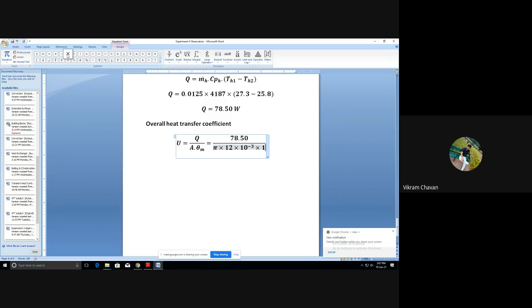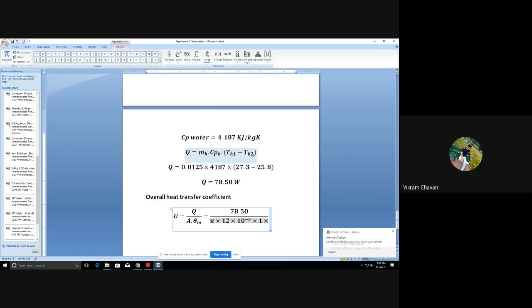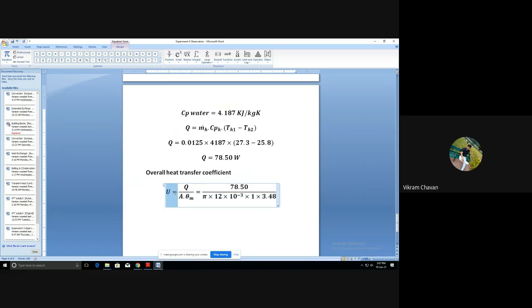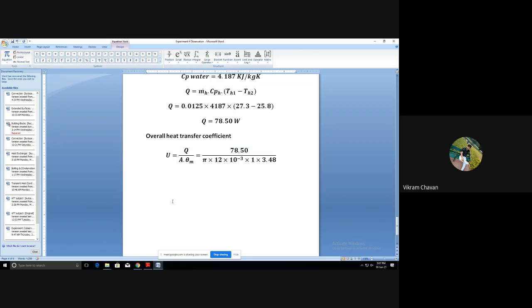And theta m, how much have you calculated? Theta m is 3.48. Do the calculation and let me know the U value, the overall heat transfer coefficient for parallel flow.